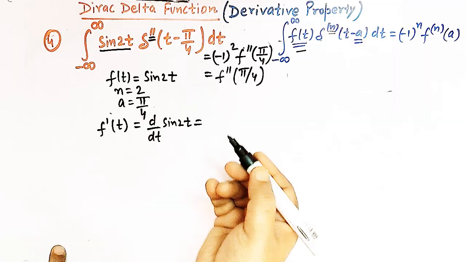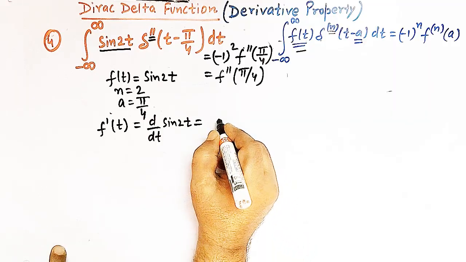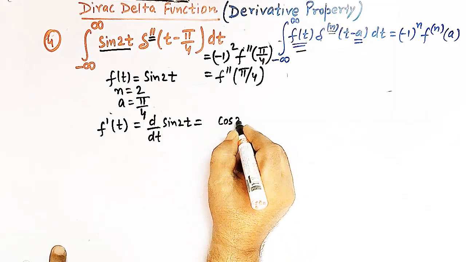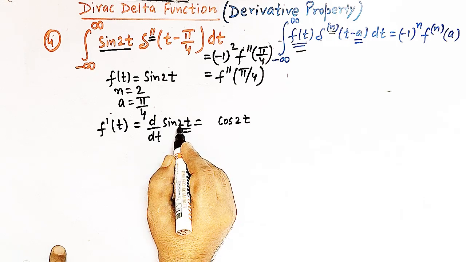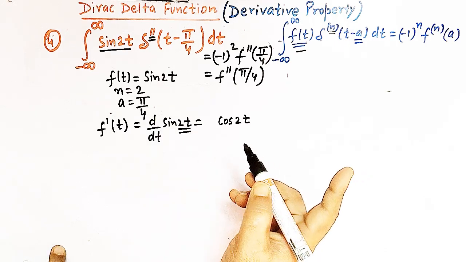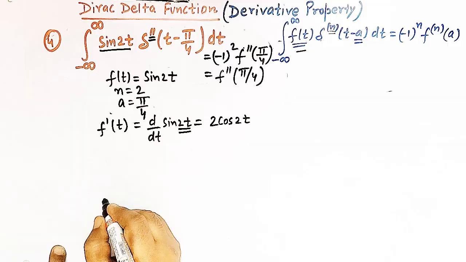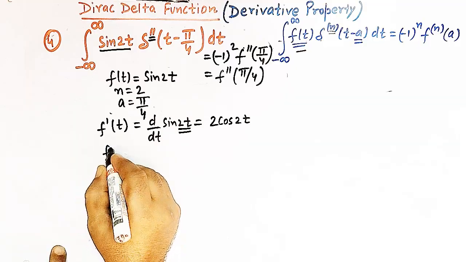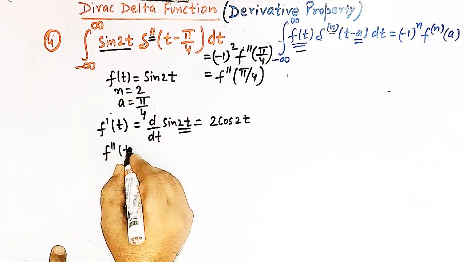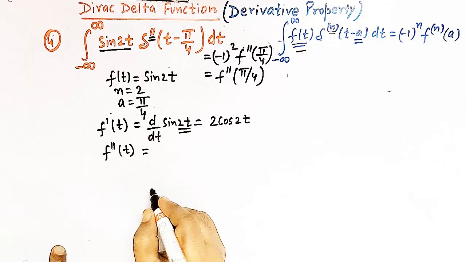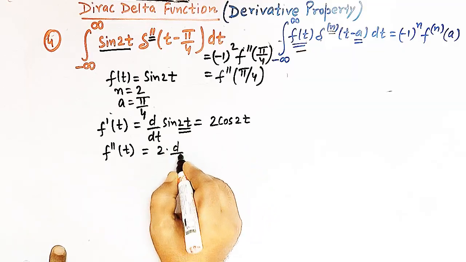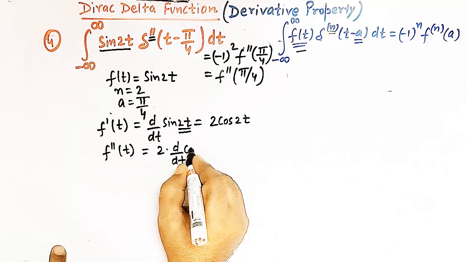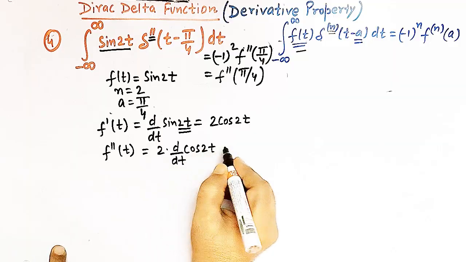Now the derivative of sine function is cosine function, that is cos 2t, and by chain rule the derivative of 2t is 2. So here we write 2, right? So we have now the second derivative f double prime of t. So here we have 2 times the derivative of cosine 2t.